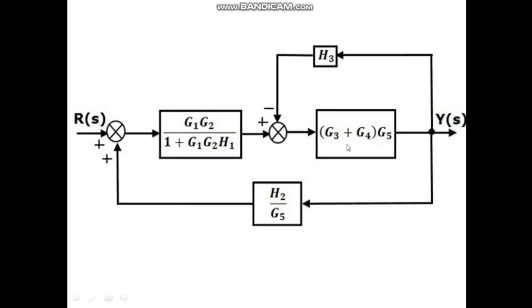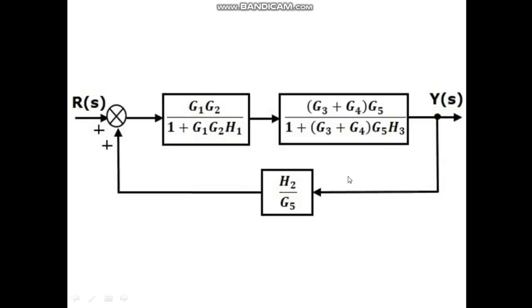So we can eliminate this by writing G3 plus G4 into G5 divided by 1 plus, because H3 is minus, so that will be 1 plus G3 plus G4 into G5 into this complete term multiplied by H3. So you can see it here. So it is nothing but G3 plus G4 into G5 divided by 1 plus G3 plus G4 into G5 and its feedback H3.